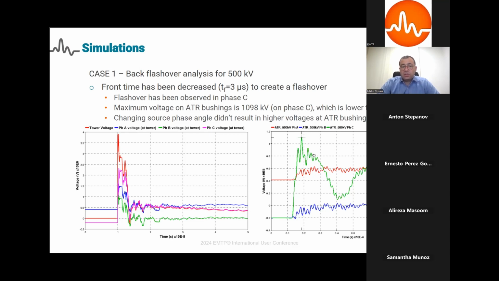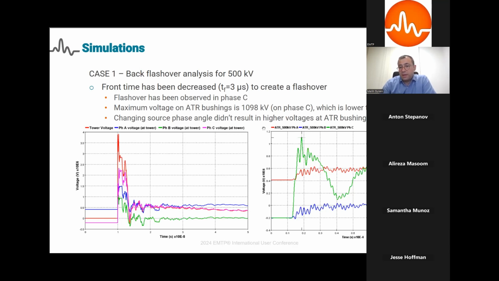And we have tried to change the source phase angle in order to see its effect, because it really affects the actual position of the voltage on the line conductor, which would normally affect the voltage difference against the insulated terminals. So we changed the source phase angle to see its effect, but we didn't have any higher result than the 1098 kilovolt.